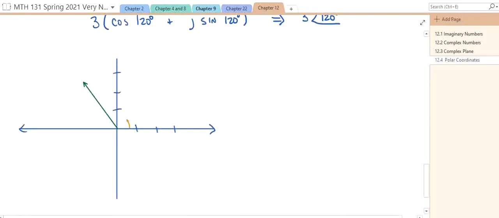So this angle is 120 degrees, and the magnitude here is 3. So we're not really using these rectangular coordinates to plot this. Instead of an x value and a y value, this point is represented by a magnitude and an angle.